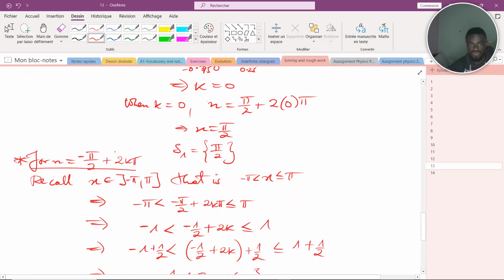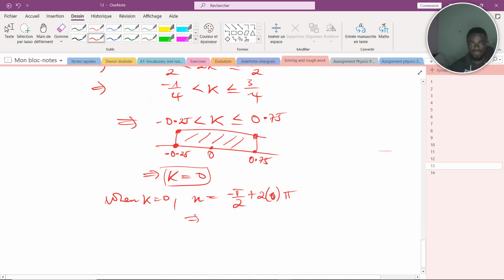We are substituting things inside here. So this implies our x will be equal to minus pi on 2. So this implies the second solution is minus pi on 2.